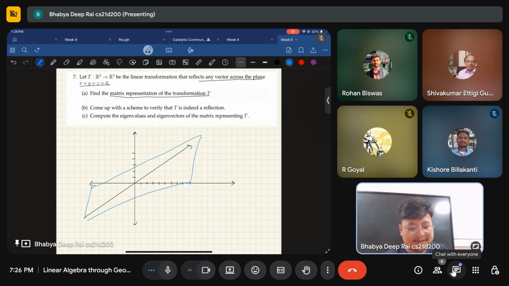Now what you want to do is you have a vector v, and it needs to be reflected across this plane. Not across the x-axis, across this plane, like this. And let's say there's another vector here, which is v prime.